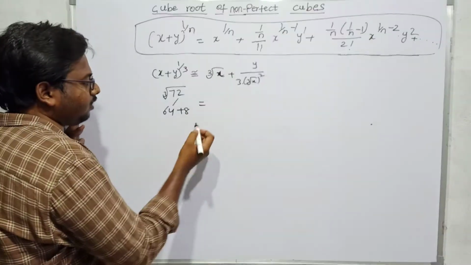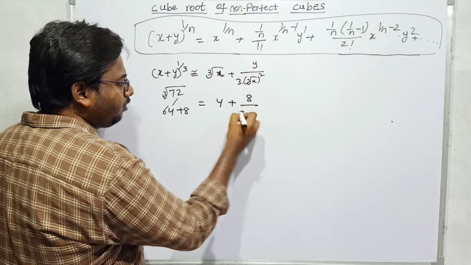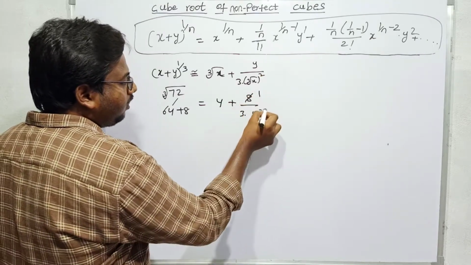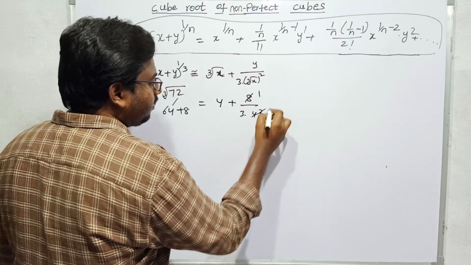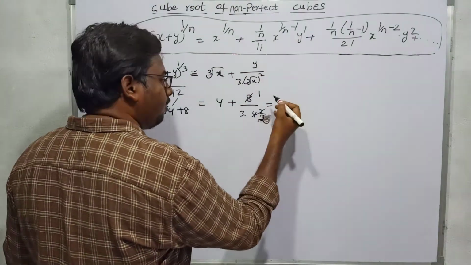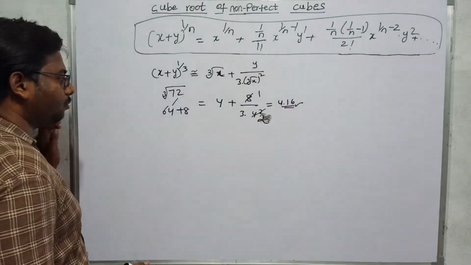So the cube root of 64 is 4 plus gap 8 by 3 into 4 square. 4 square is 16, 8 twos are 16, so 1 by 6. 4 plus 1 by 6 is 4.1 by 6, nothing but 0.166, so 4.16. This is the cube root of 72.